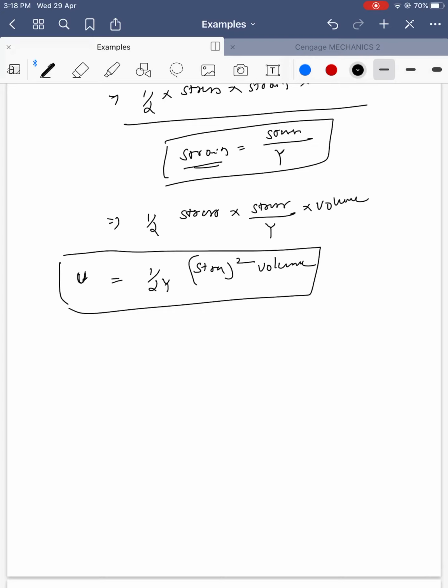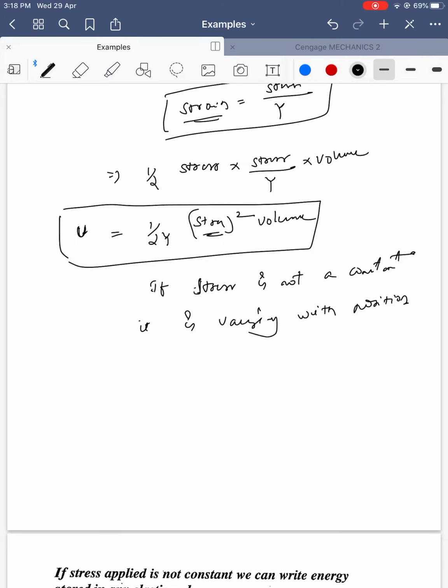If stress is not constant, that is, if the force per unit area is varying with position, then U is equal to half 2Y.